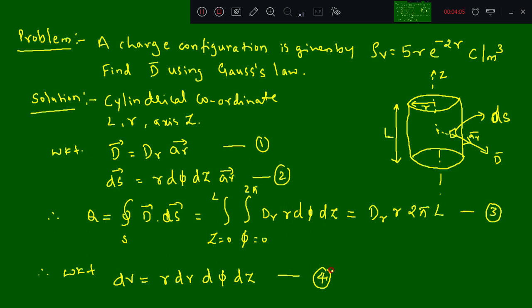Okay, so next, for volume, what is the charge enclosed? So the charge enclosed will be given as Q is equal to volume integral, that is rho v into dV.